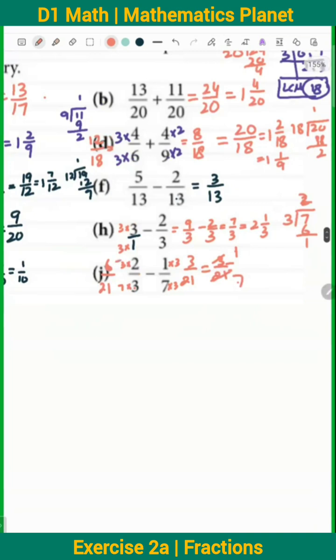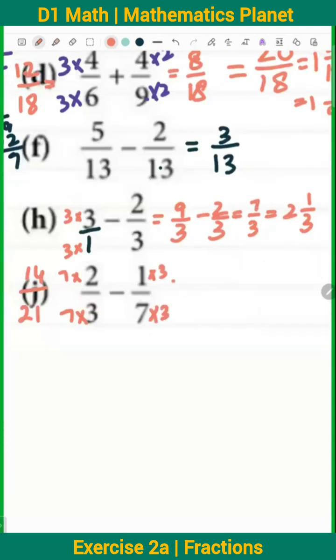Maida. Very good, Maida. Thank you so much. 7 times 2 is 14. 7 times 3 is 21. So you got 3 by 21. And 14 minus 3 will be 11 by 21. So this will be the answer.